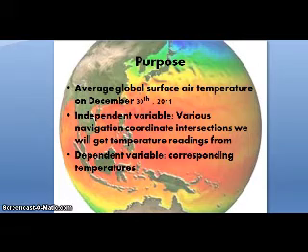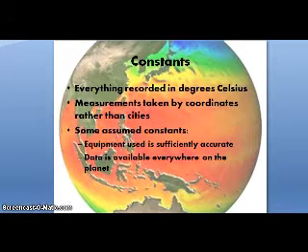The dependent variable will be the corresponding temperatures to each of these points. As for keeping everything constant, we will be recording everything in degrees Celsius, and we will be using coordinates rather than cities to get a more evenly spaced and widespread data.